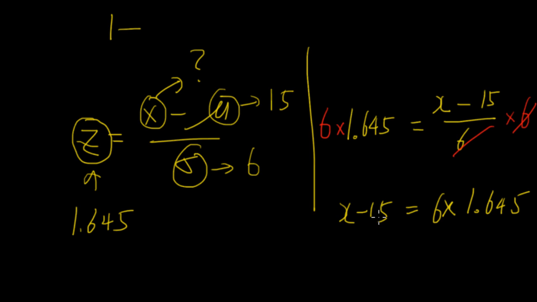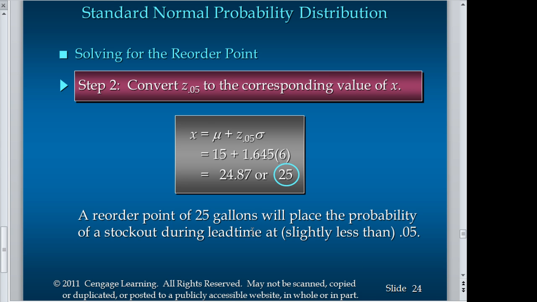Then if you add 15 on both sides, x is going to be 15 plus 6 times 1.645. Let's go back to the PowerPoint, and that's what they have right there.